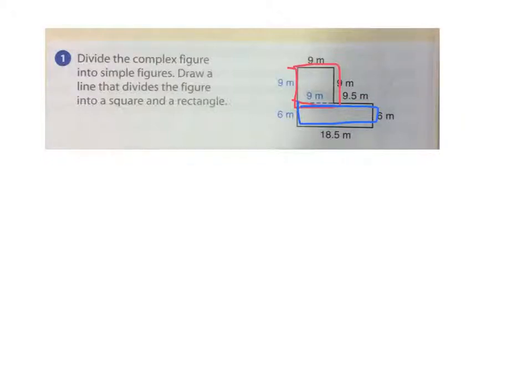What would you do first to find the area of this figure? First, you should draw it in your picture. The first thing when you're solving a word problem is you should always draw the diagram. First, you would split it in half. We already did that. What would you do next to find the area? We split it into a square and a rectangle.